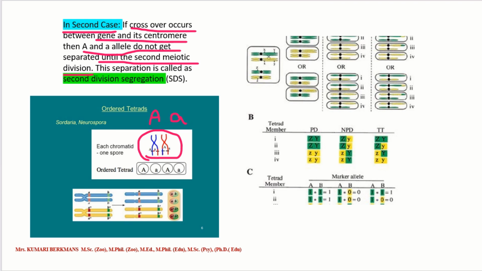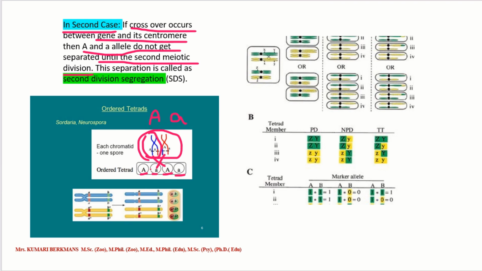Here the crossing over occurs, so this part is shared to this chromosome, and this part is shared to this chromosome. If you see the gene, this chromosome possesses capital A and small a, and this also possesses capital A and small a. This capital A comes from this chromosome, and this small a comes from this chromosome.